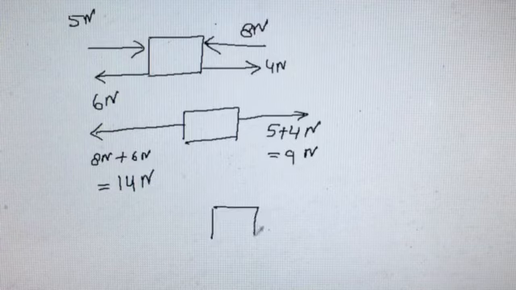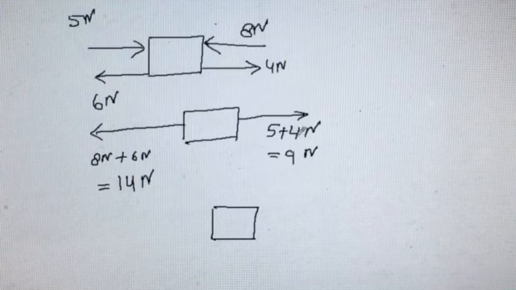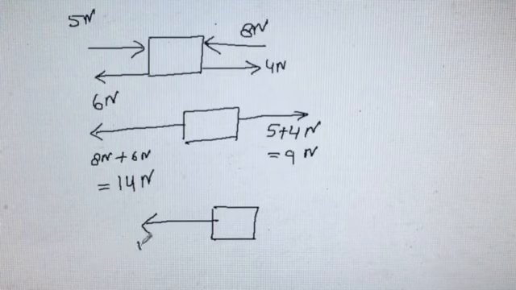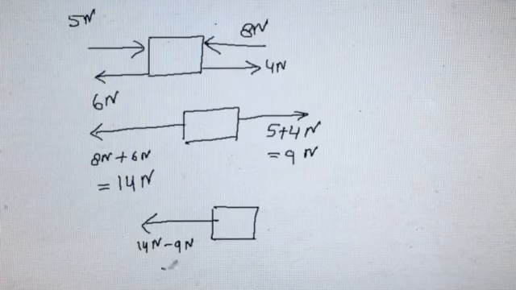Now the body has two forces, both in opposite direction. Towards the right 9 Newton, towards the left 14 Newton. So resultant here: 14 Newton is higher than 9 Newton, so resultant will be in this direction and its magnitude will be 14 Newton minus 9 Newton, that is 5 Newton.